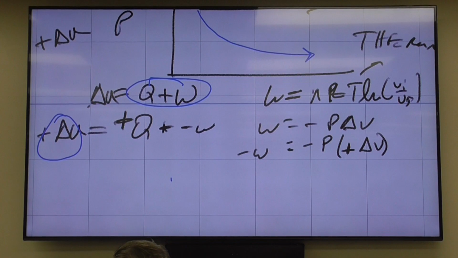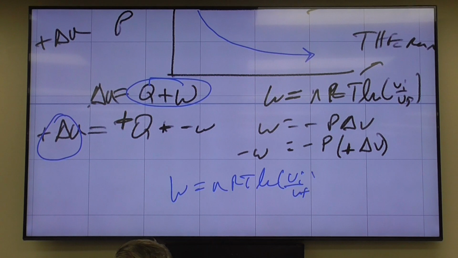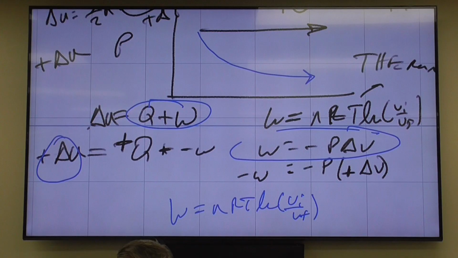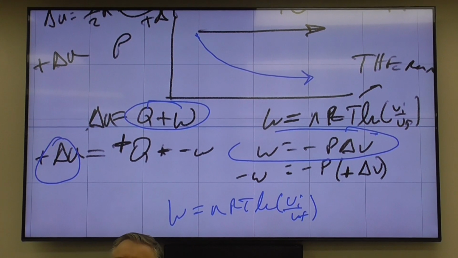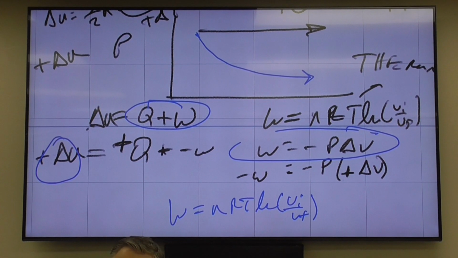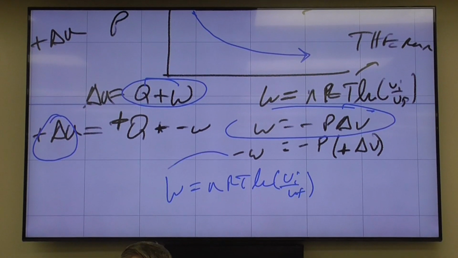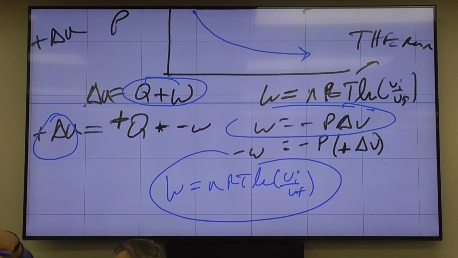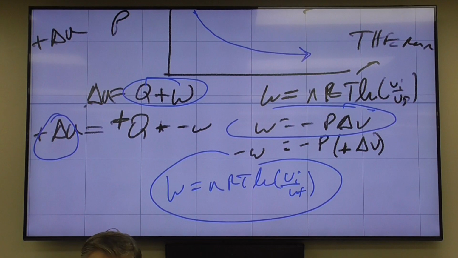Now, in this situation, you're going to use work equals nRT, natural log of VI over VF. Why can't I use work equals negative P delta V on an isothermal line? Because pressure's not constant, and it's not a rectangle, okay? This is where it comes from calculus, finding the area underneath that curve, right?